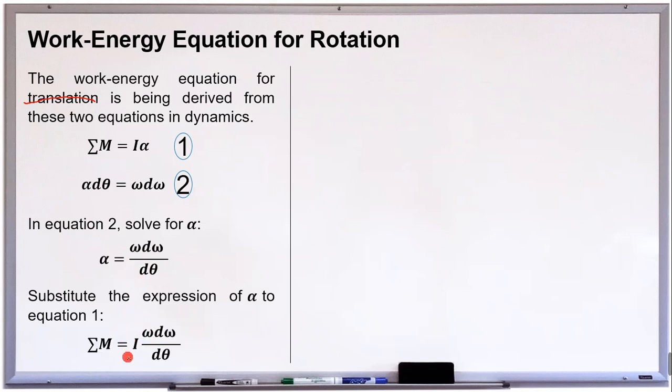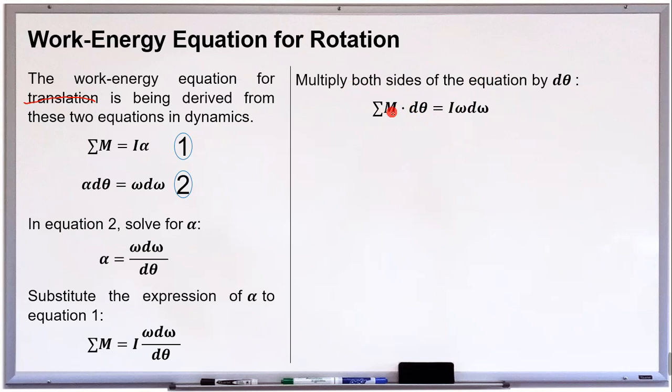As shown in this equation, we have the summation of moments equal to the mass moment of inertia I times W dW over d theta. Next, we are going to multiply both sides of the equation by d theta. So we have summation moment times d theta equal to IW dW.